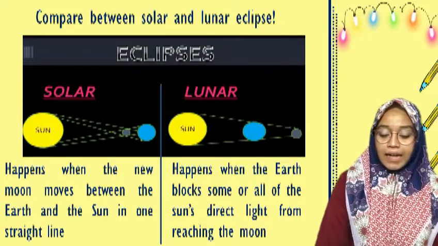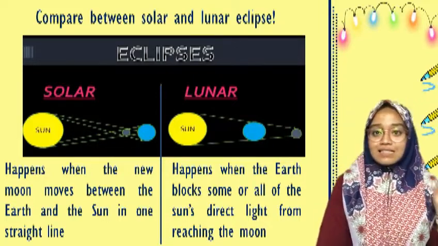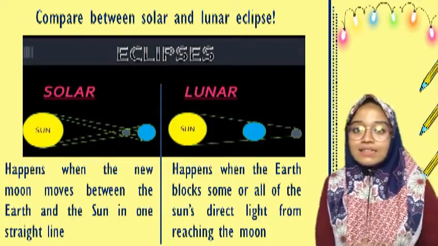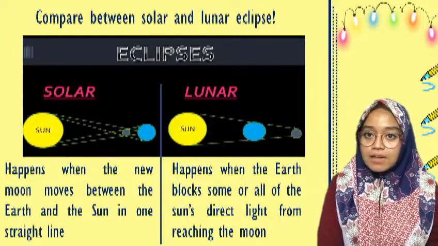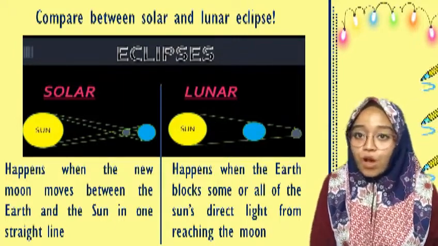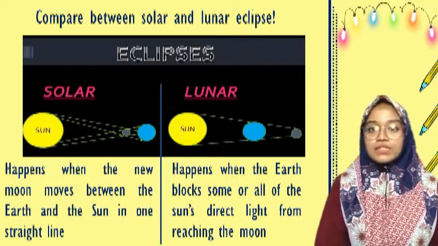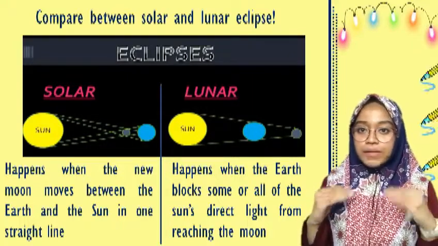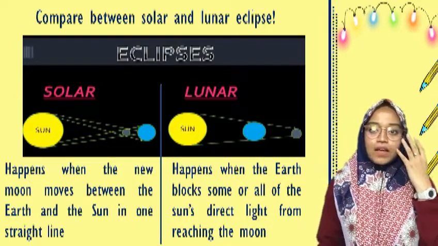In a solar eclipse, the moon blocks the sun's direct light from reaching the earth. And in a lunar eclipse, the earth blocks the sun's direct light from reaching the moon. That is the difference between solar and lunar eclipse. Okay?